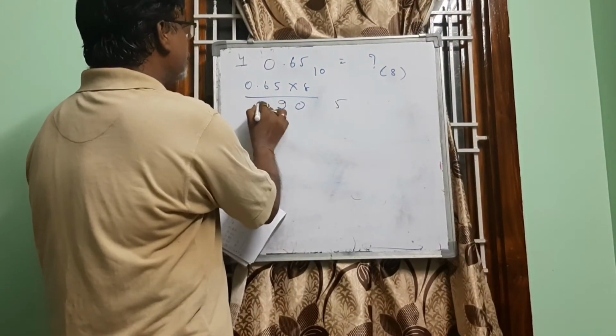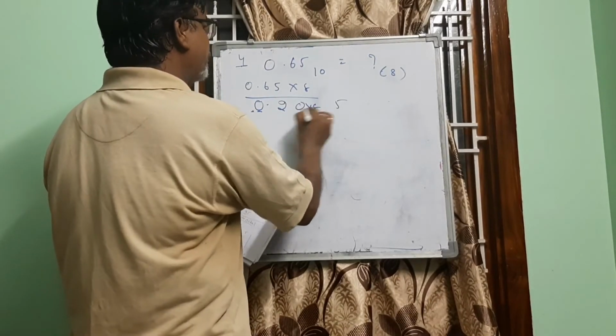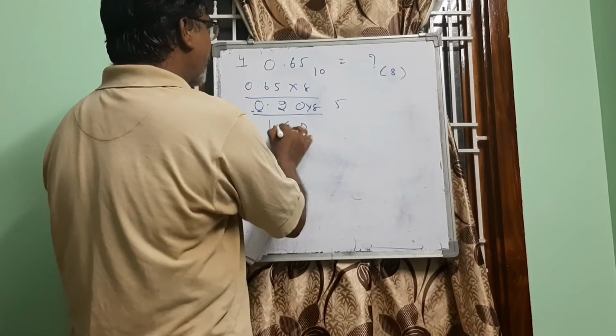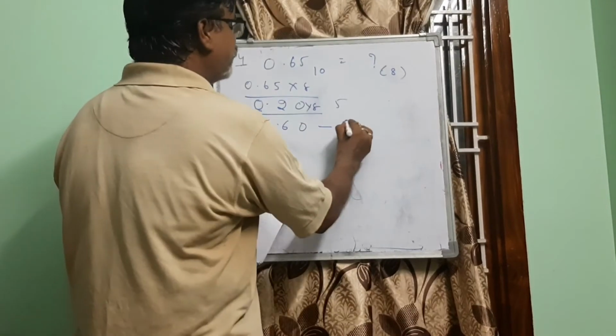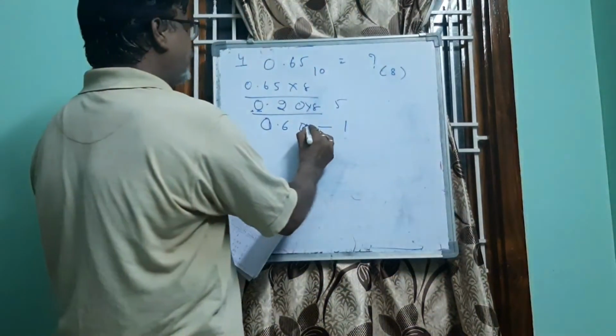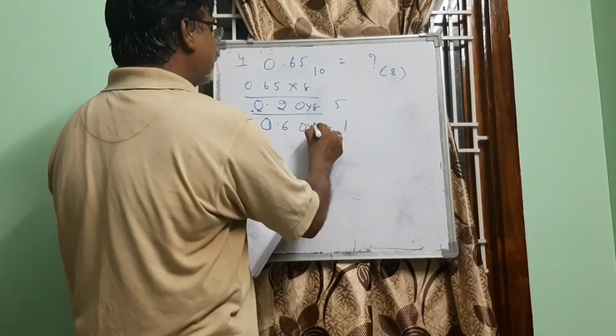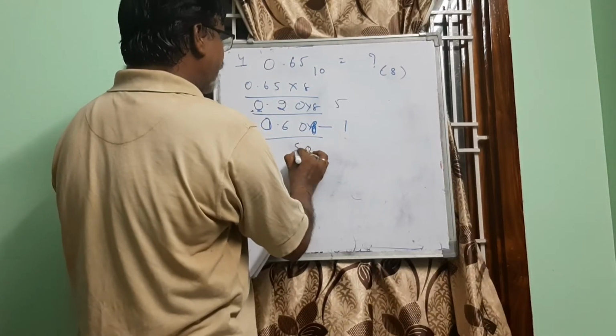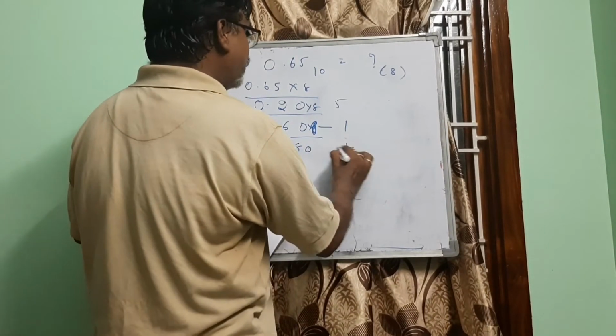Then this will become 0.20, multiplied with 8. So 8 2s are 16, 1.60. So you write 1 here, and then you convert this 0.60 into 8. This is 8 6s are 48, so 4.80. So you write 4.